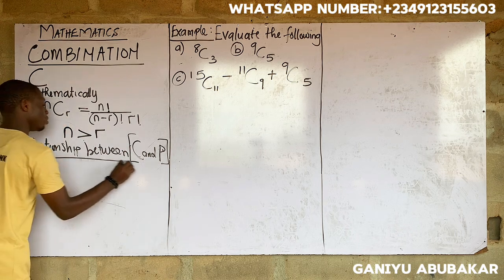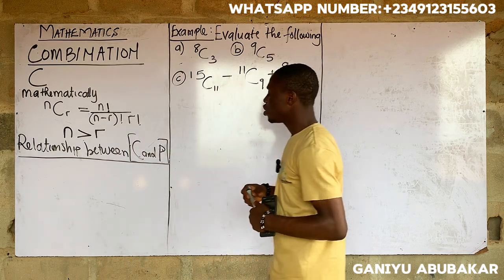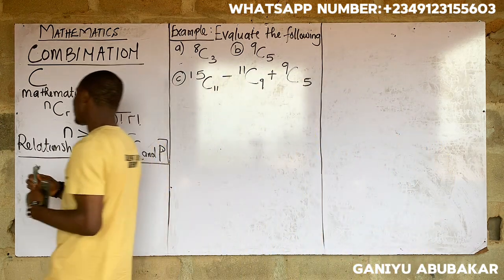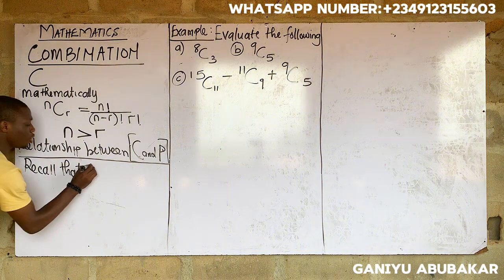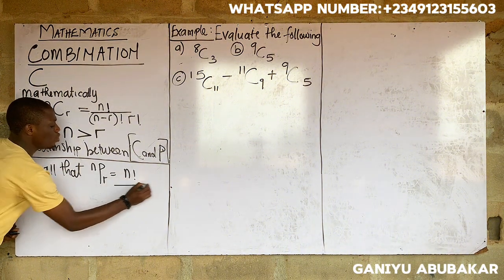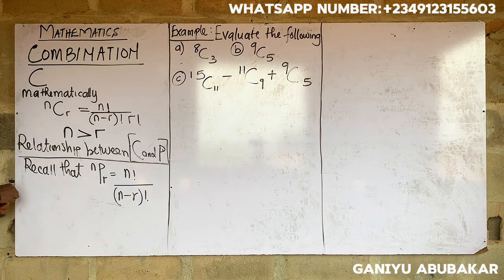Recall that for permutation, n permutation r is equal to n factorial over n minus r factorial. This is the mathematical expression for what? Permutation, right?